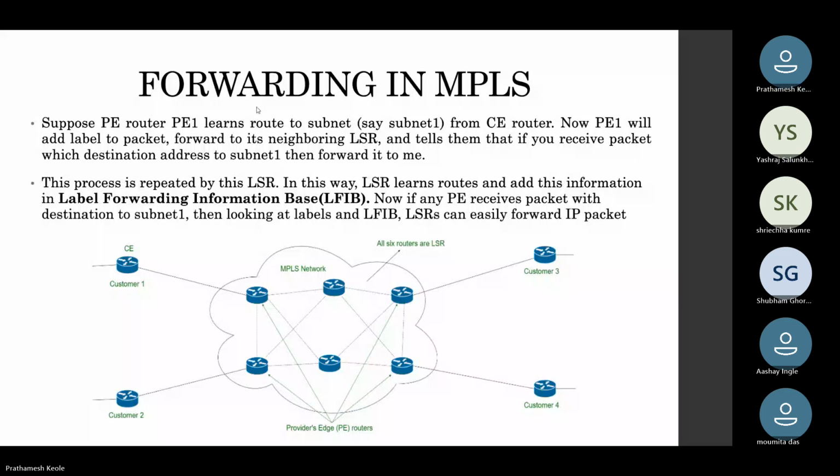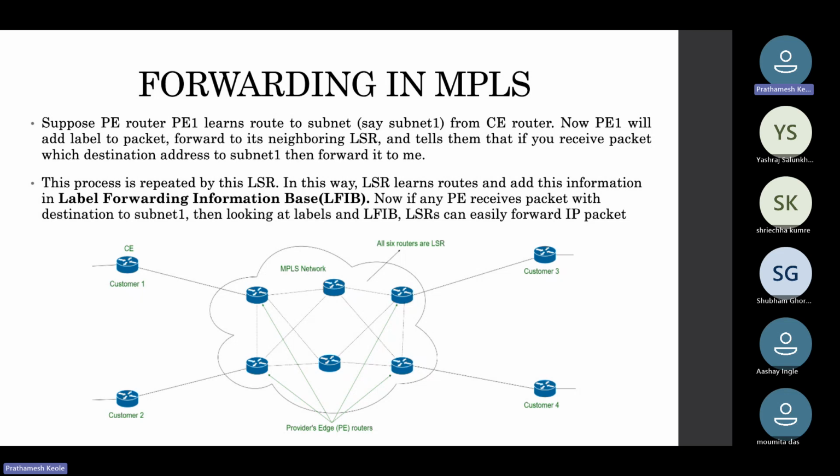So this process is repeated by the LSRs, including the LSR which is connected to customer 1. If the LSRs receive the packet from the neighboring LSRs, it tells them if you receive a packet with destination address to subnet 1, then forward it to me.